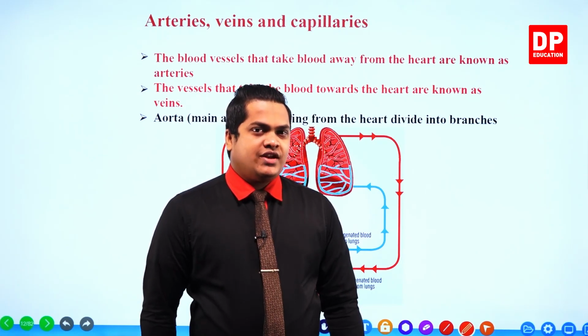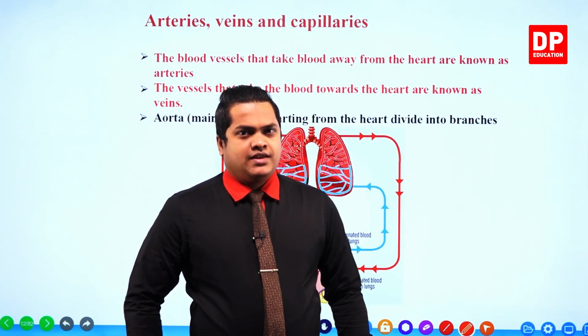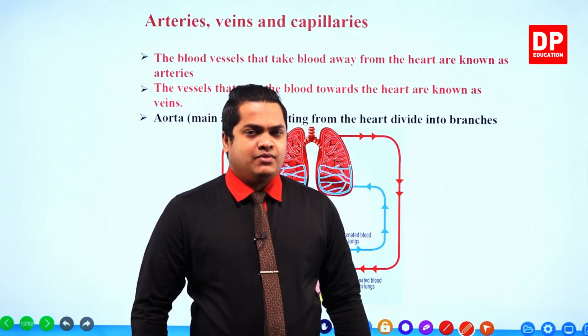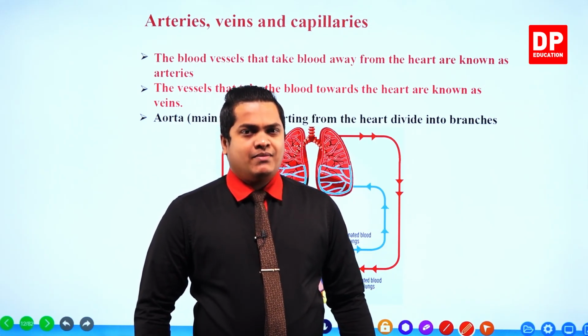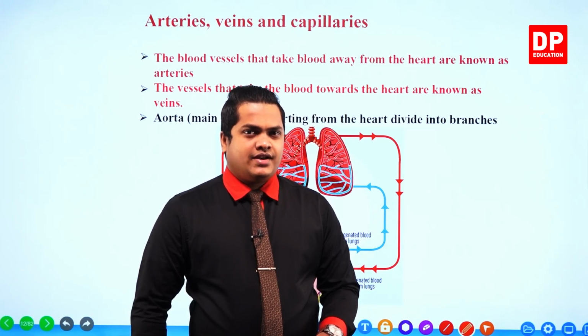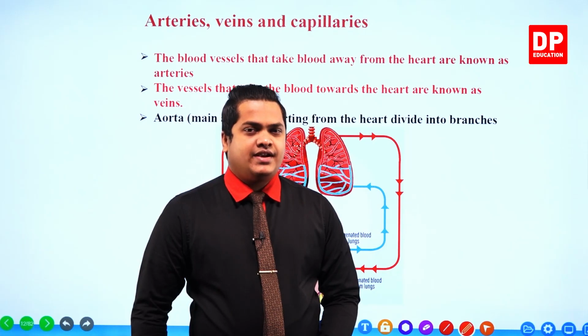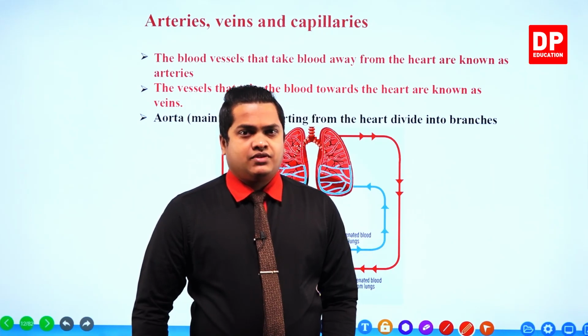Oxygenated blood is carried by the pulmonary vein. It's the only vein which carries oxygenated blood. Then the pulmonary artery, if it is an artery, should be in red color. But the pulmonary artery is in blue color because it carries deoxygenated blood. So in pulmonary circulation, the colors can be observed in reverse: red for the vein, blue for the artery.